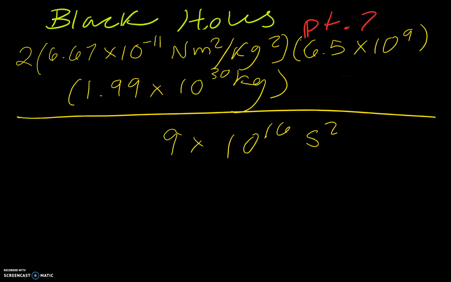So that's going to be 6.5 billion solar masses, so 1.99 times 10 to the 30th kilograms is the mass of our sun. Fun fact. And then I just divided that by the speed of light squared. And I forgot to write something here. It's meters squared per second squared. So when you square something, you also square its units.